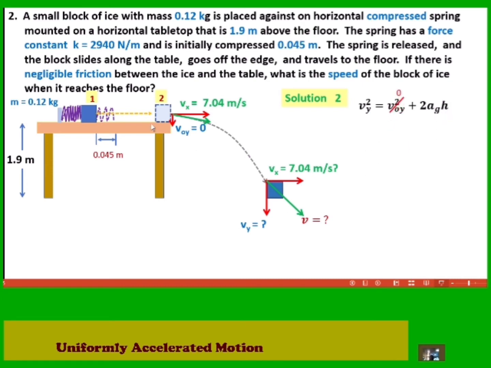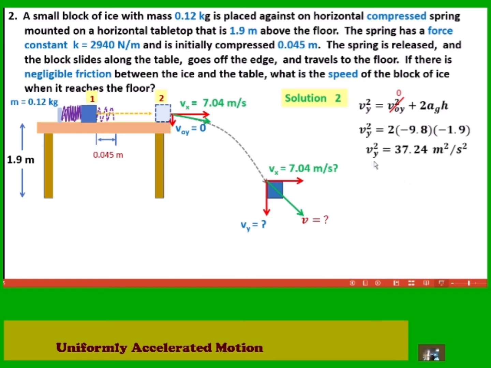At point 2, its initial vertical component of its velocity is 0. Its acceleration due to gravity is negative 9.8. The height, considering point 2 as the origin, downward is negative.